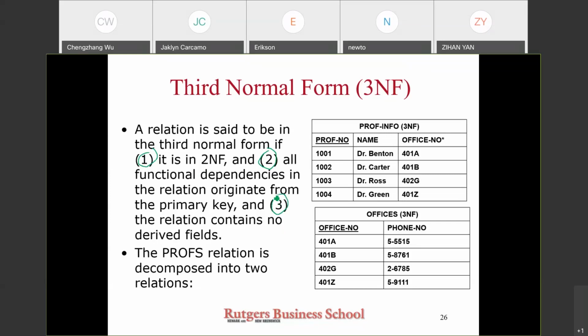And the third requirement is the relation contains no derived fields or no transitive dependency.